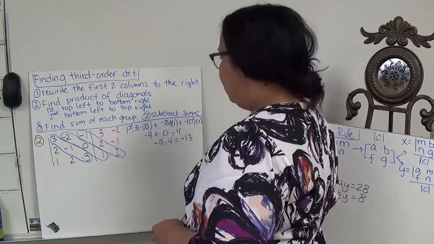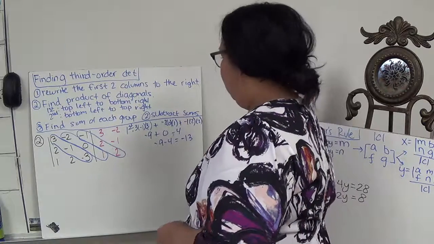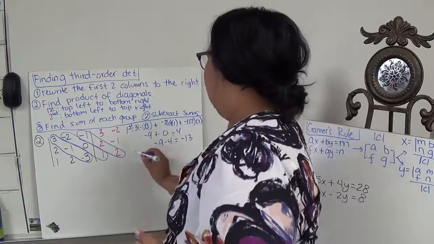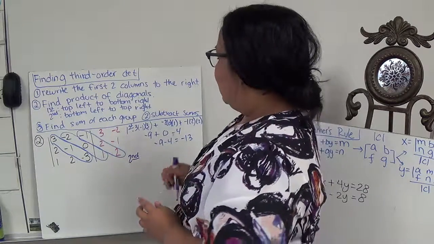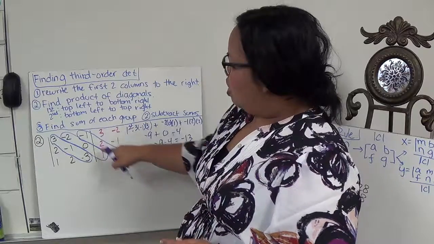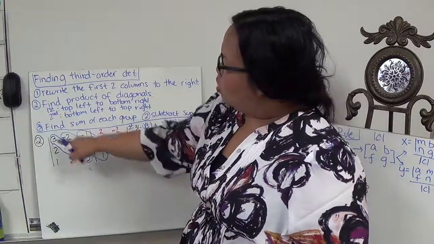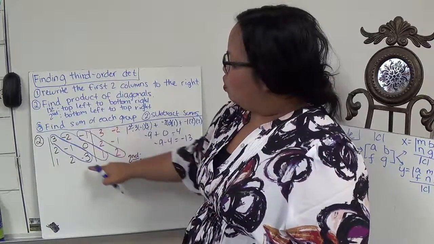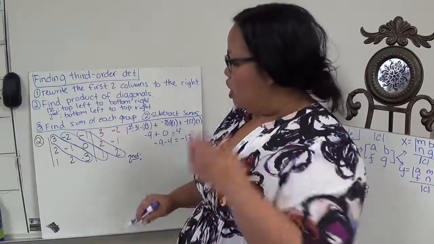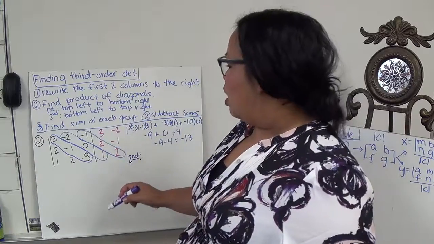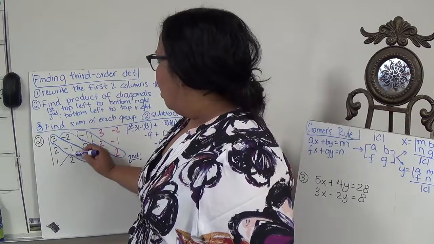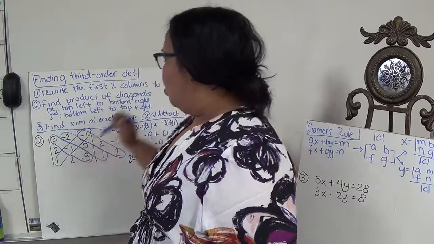For my second set, I'm going to find the diagonals. I'm only doing 3 because the others are incomplete, so I have to do complete diagonals. The second set of diagonals, I'm going to go from bottom left to top right, so I go this way and multiply up.